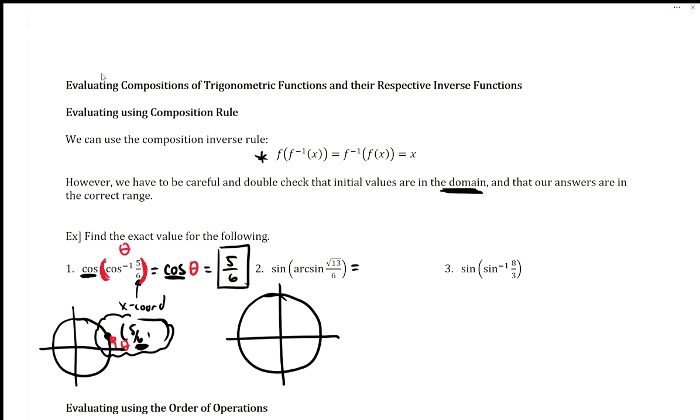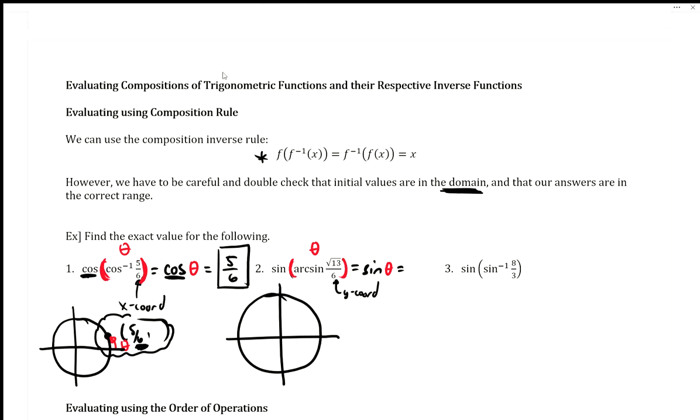All right, so for number 2, we have sine of arcsine of radical 13/6. So this is a y coordinate. And just like the last problem, this arcsine is some angle. So this is still the same thing as sine of some angle equaling something.